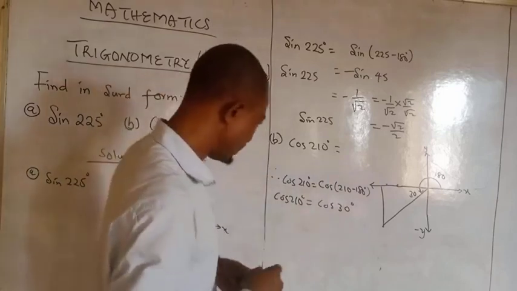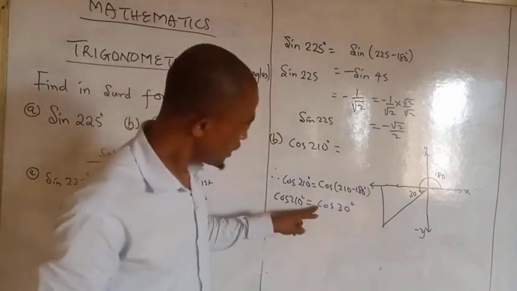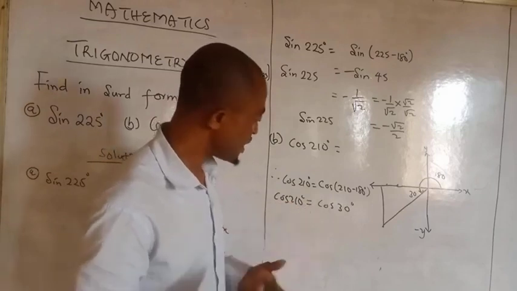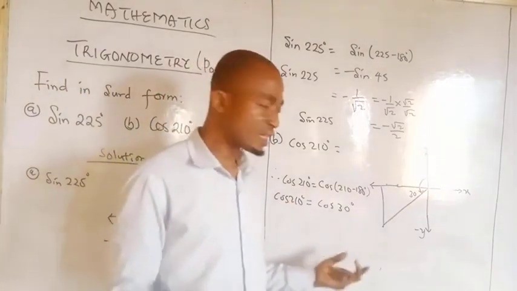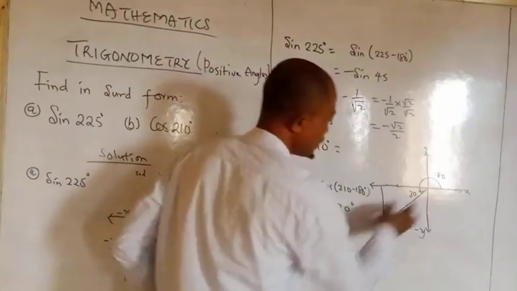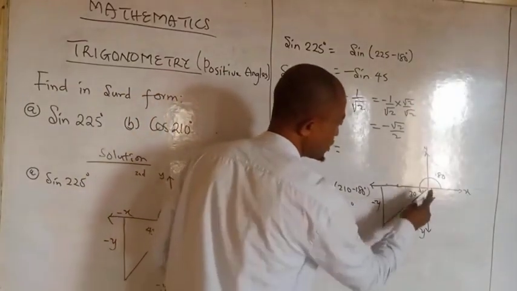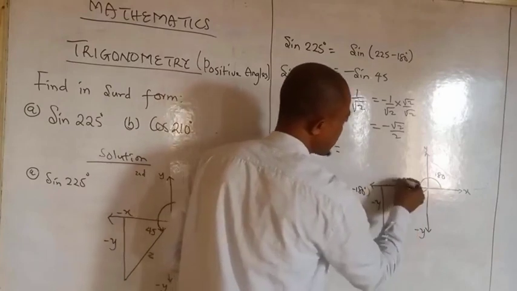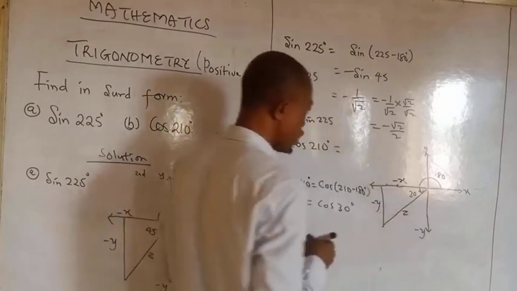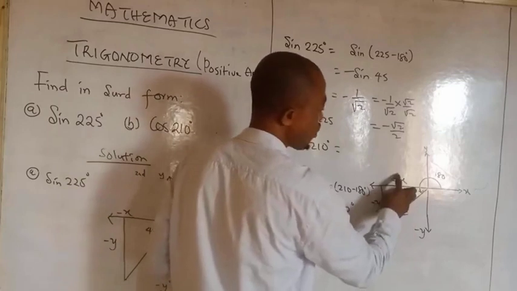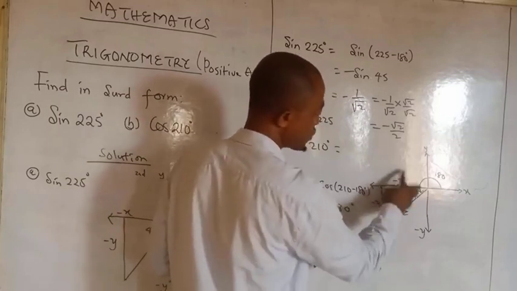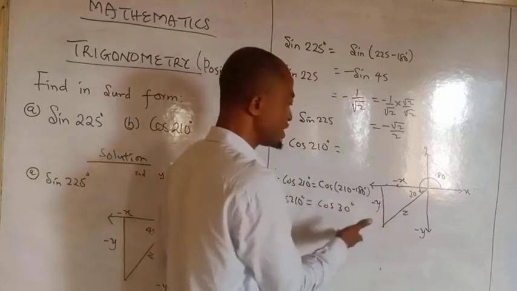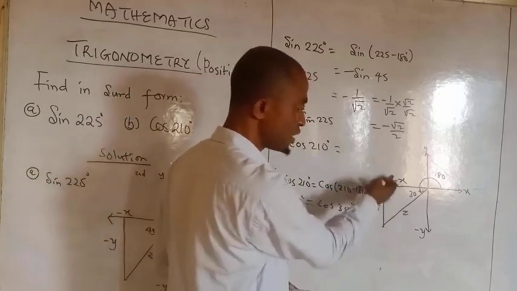But we want to know if, in the third quadrant, cos is negative or positive. You just come here: this is negative y, because it is along negative y, this is negative x, and this is z. Cos is adjacent over hypotenuse, that's negative x over z. And also in the third quadrant, cos is negative. So that's how we got the negative.